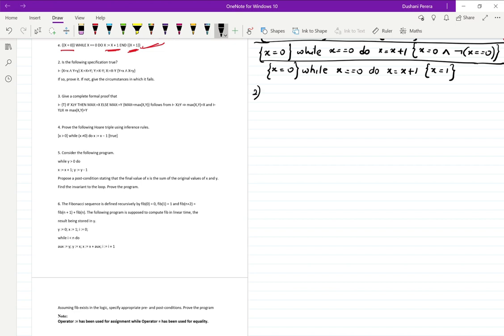Okay, so we have a Hoare triple which is a compound triple. As you can see here, we can separate this whole triple into 3 separate triples. So let's go ahead and do that. What we use to do this is the rule for composition.